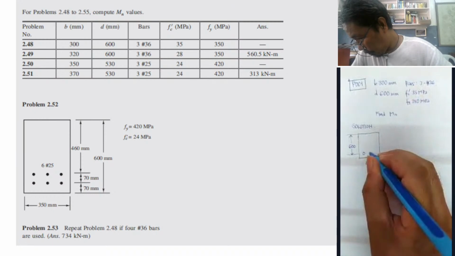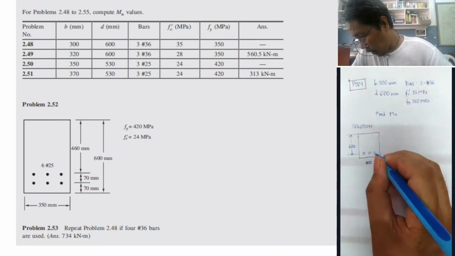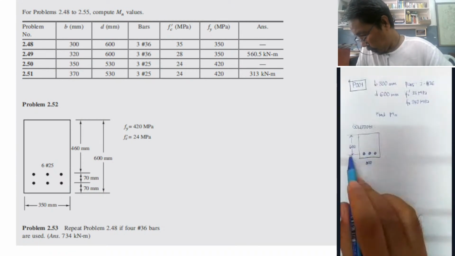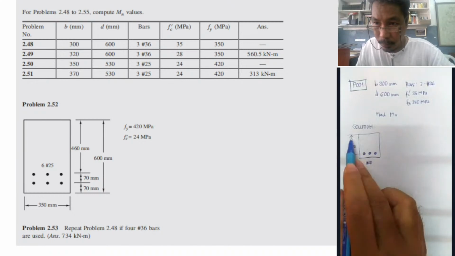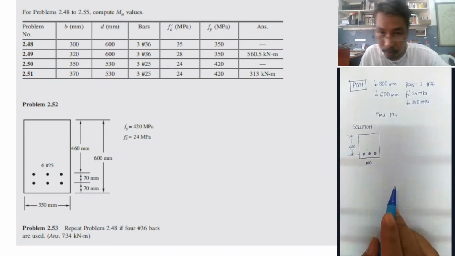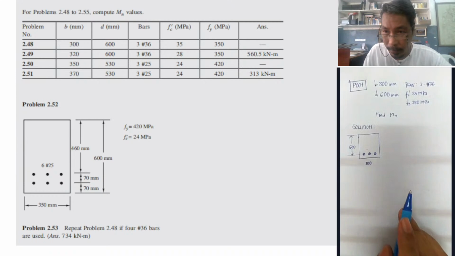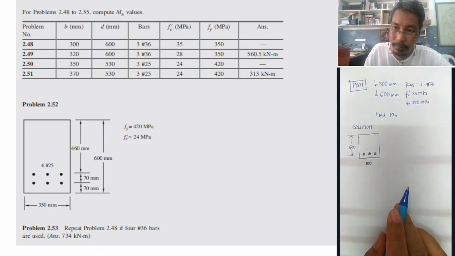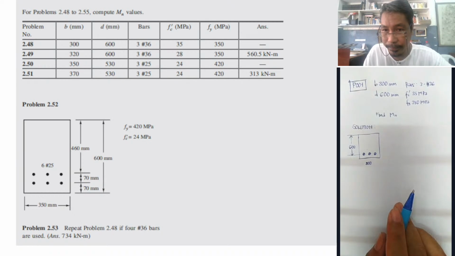I can draw it this way, such that the center of reinforcement up to the extreme compressive fiber is 600. Now, this is the correct way we have to draw this given. Take note. Immediately, if you cannot draw this correctly, you will have the wrong answer. Okay, this is how you do it.